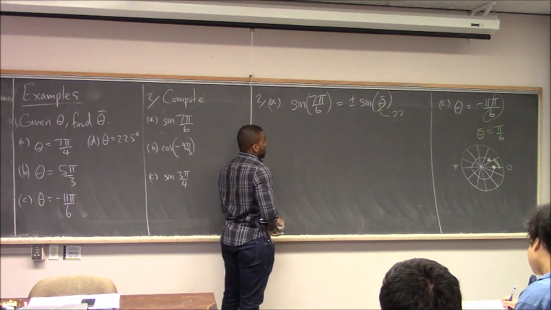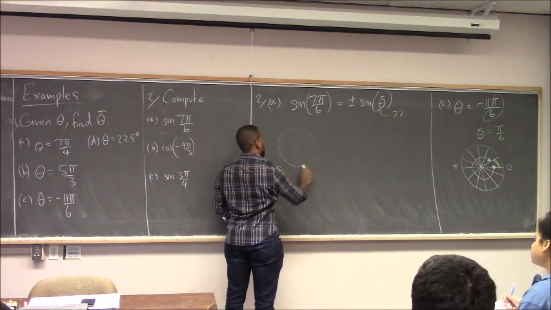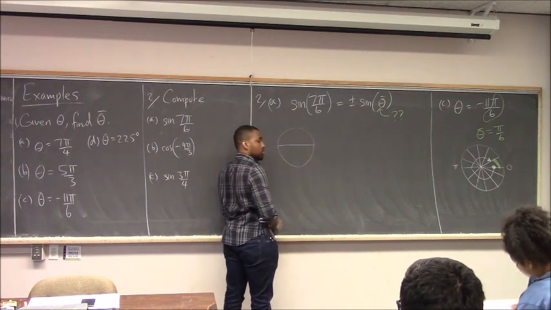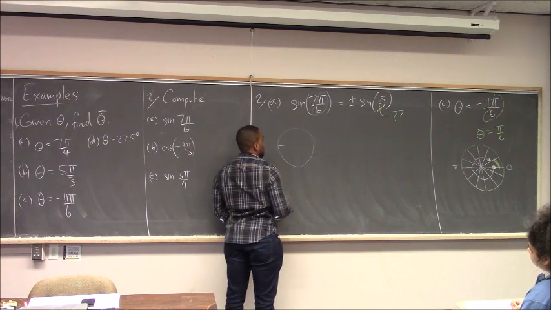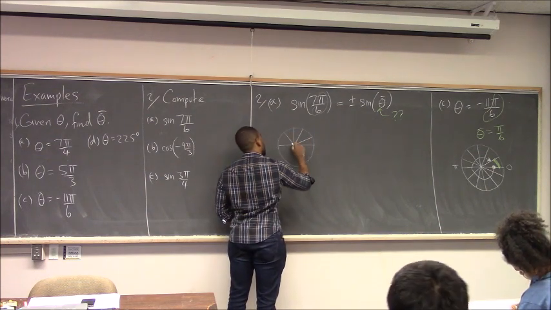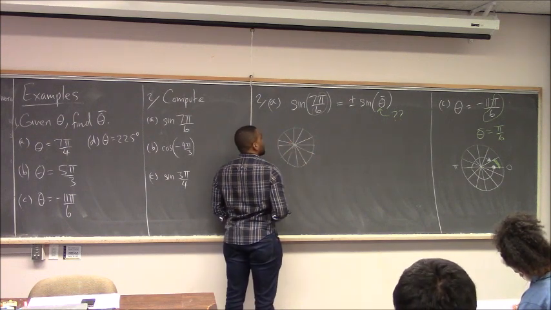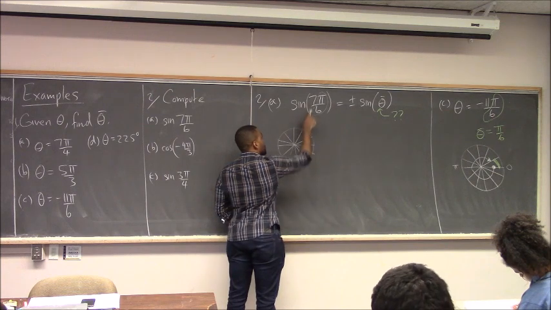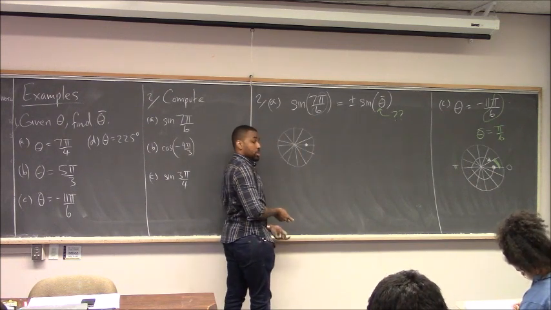So what I would do, I need to find sine of 7 pi over 6. I'm going to draw a circle. Well, of course, I want to slice pi into 6 pieces. So slice that into 2, slice each half into 3. Slice that into 2, slice each half into 3. Start here, that's a positive angle, so I'm going to go counterclockwise, and I'm going to count off 7 pieces.